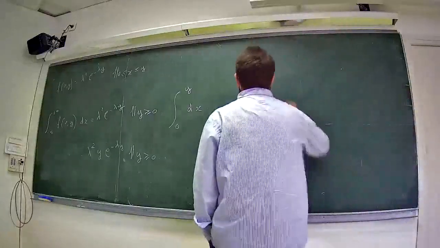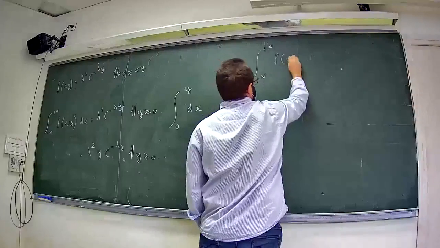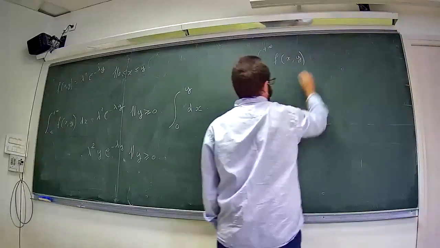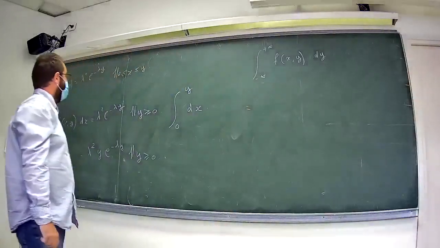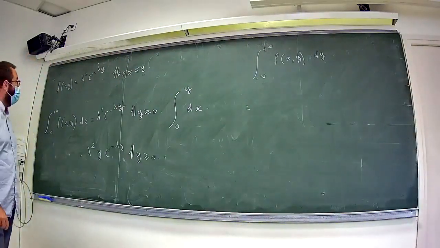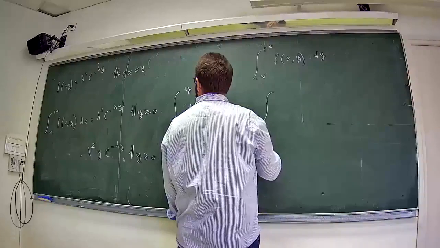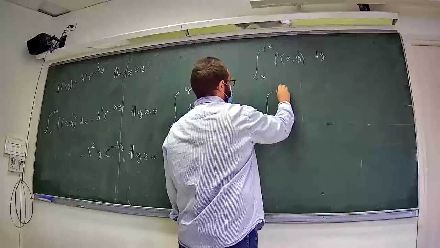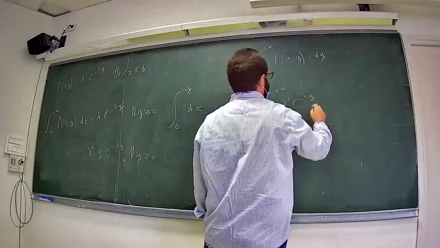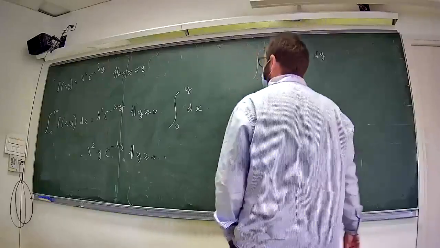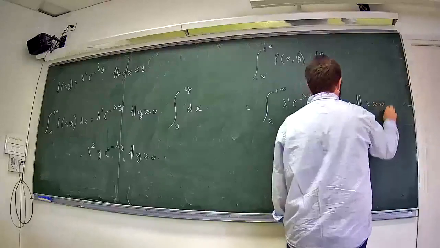And finally, if I compute the integral with respect to the second variable, so it's a computation I have previously done, but let's do it again. So if I do the computation with respect to y, I have what to compute? I have the indicator, integral of, so y is greater than x, lambda square exponential minus lambda y dy, okay, to compute, and I don't have to forget that x has to be positive.